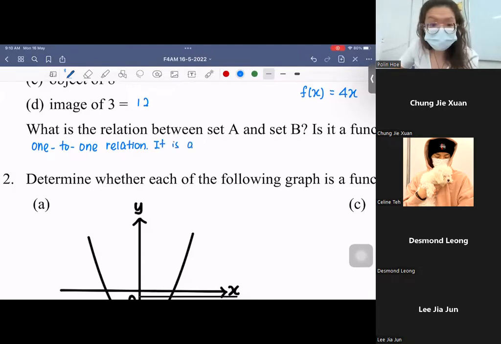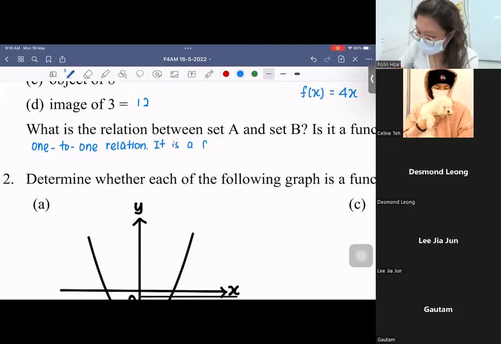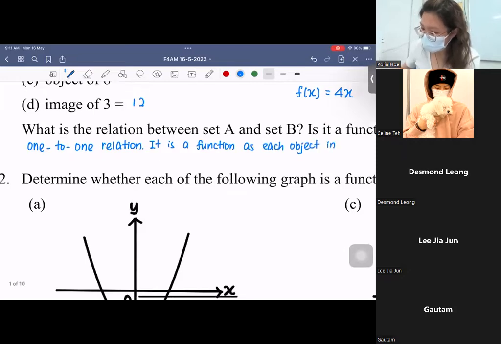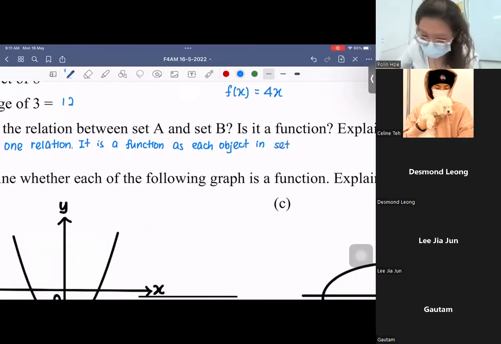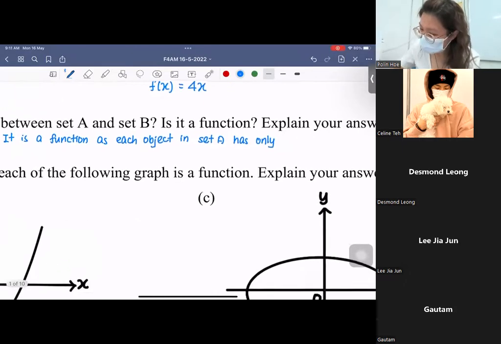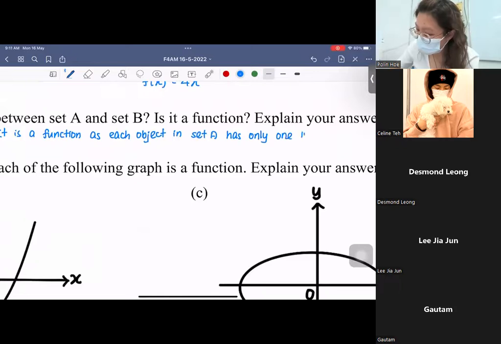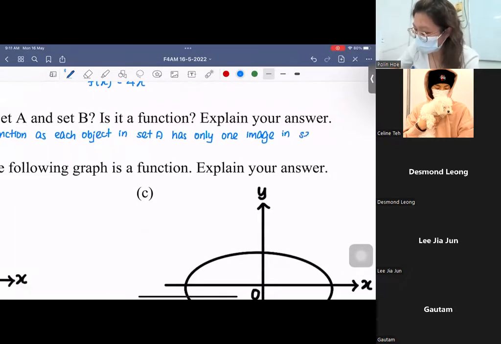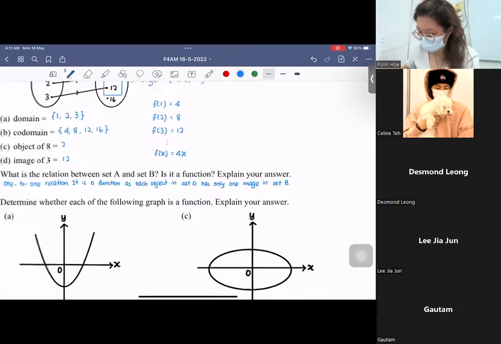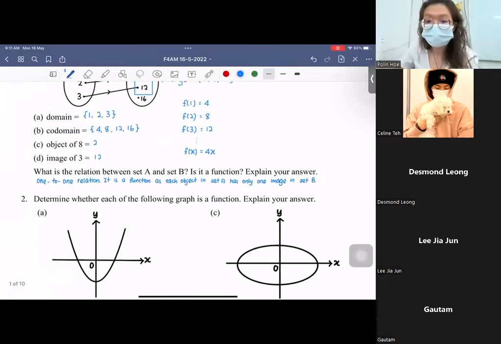It is a function as each object in set A has only one image in set B. Okay or not?